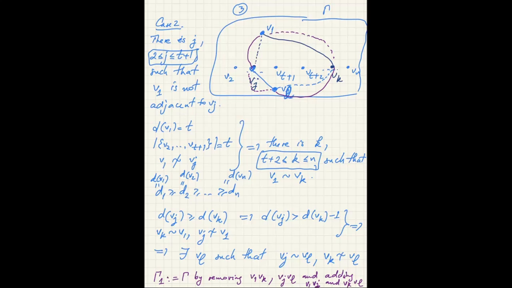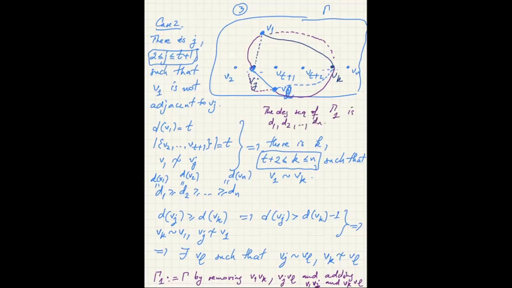So the key thing is that the degree sequence of gamma 1 is the same as the degree sequence of gamma, which is d1, d2, up to dn.